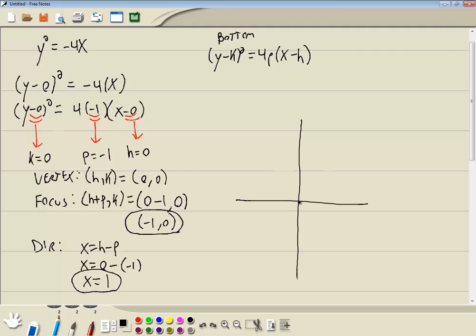We got our vertex, which is (0, 0), which is right here. Our focus is (negative 1, 0). So there's (negative 1, 0). Our directrix is x is equal to 1. So it's a vertical line at 1.